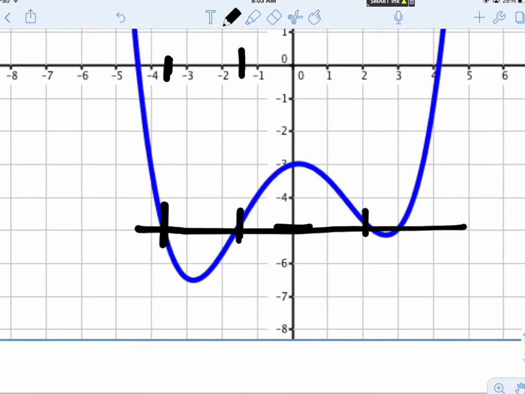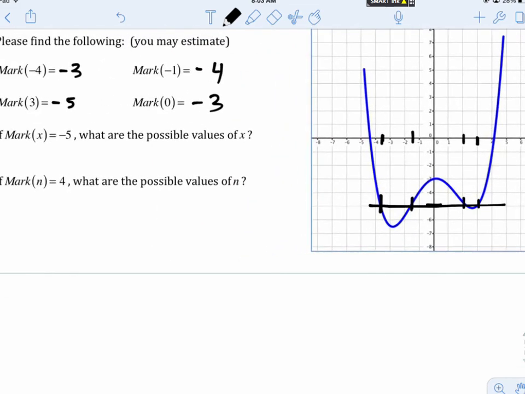This one, which looks like about 2. And then we actually did this one earlier. That one looks like about 3. So I'd say if the output were -5, the input could be -3.5. And I think we said -1.5. It could also be 2, or it could be 3. So lots of different inputs can give the same output. Still a function. Still totally a function.